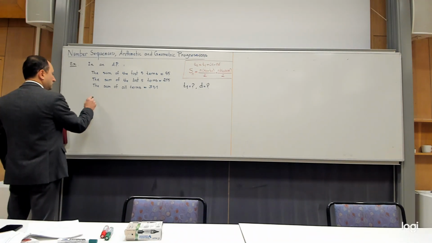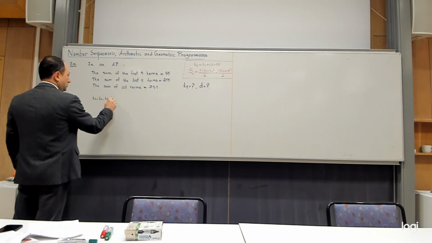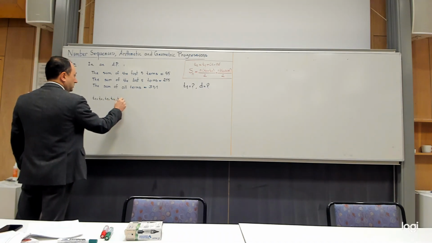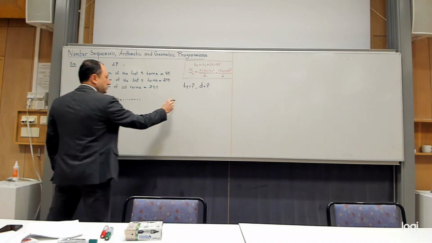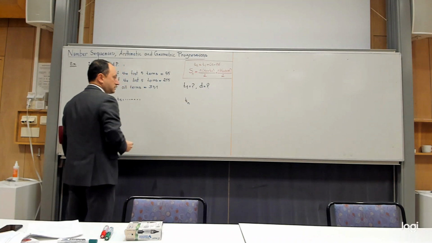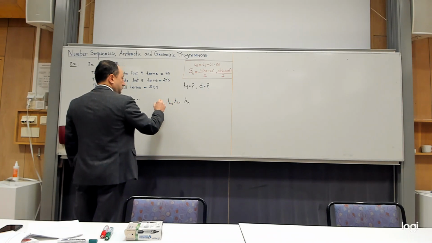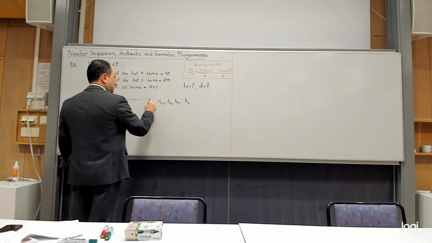So what we do, we say that, okay, we have T1, T2, let me write some of them, T3, T4, T5, and this will continue until I reach the last term, which I don't know which one is. But then the previous one is definitely this, the previous one is this, and the previous one is this, 1, 2, 3, 4, and of course the previous one is this.